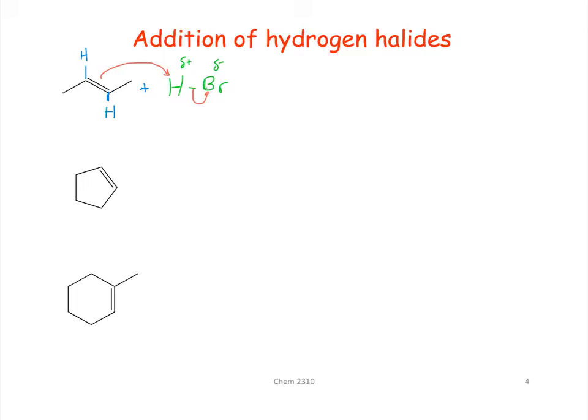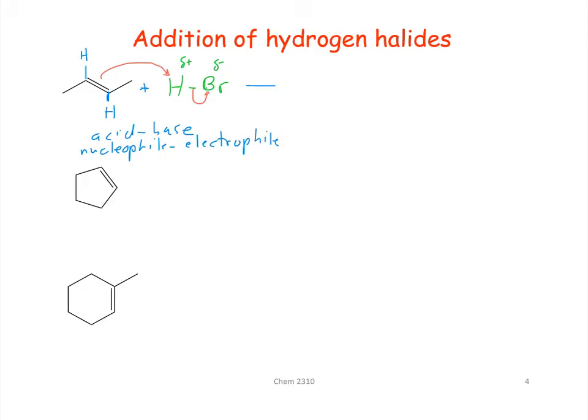All right, so what kind of a reaction is this? This is really just a simple acid-base reaction. Right? Or the pi bond could be the nucleophile, and the H would be the electrophile. That's why it's called an electrophilic addition.